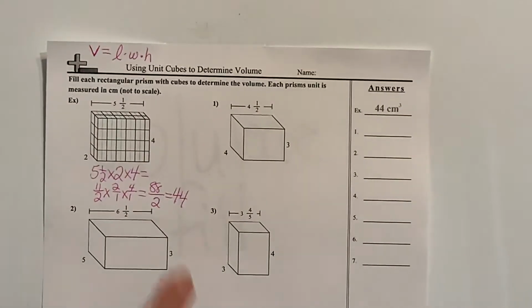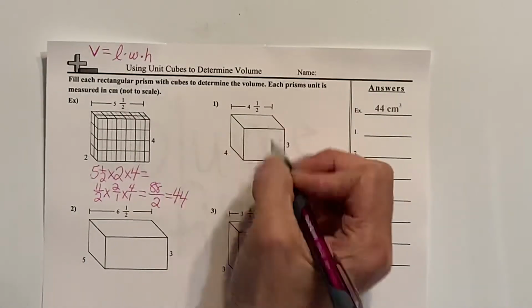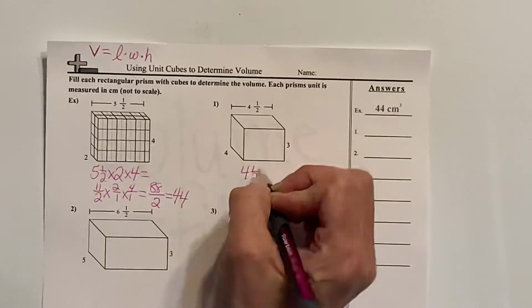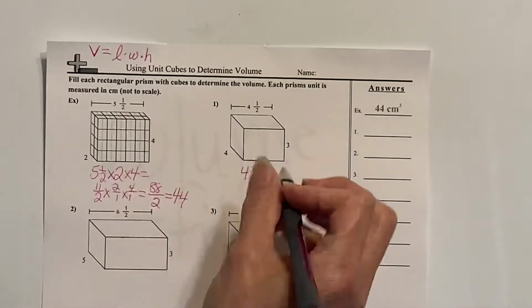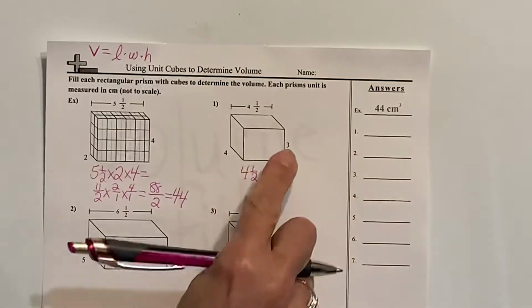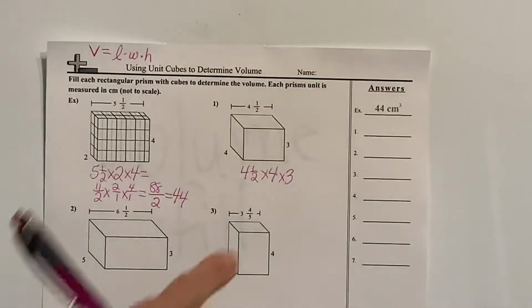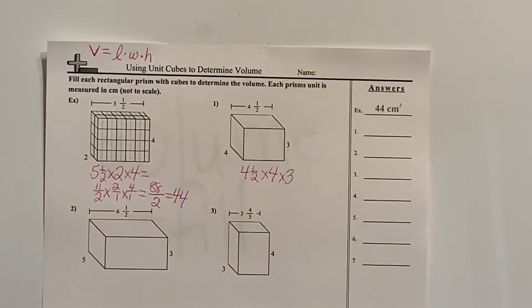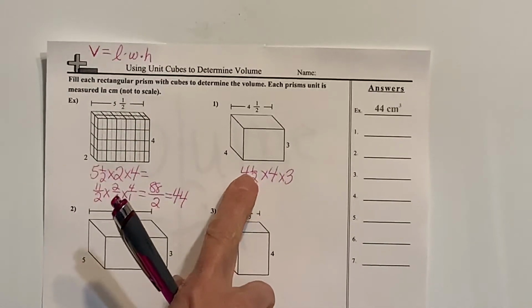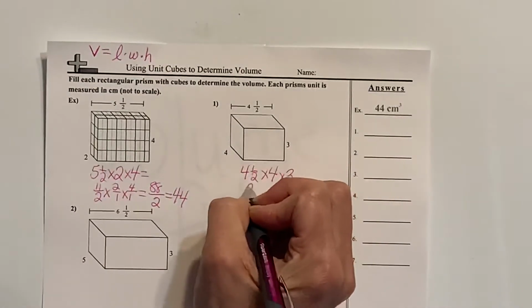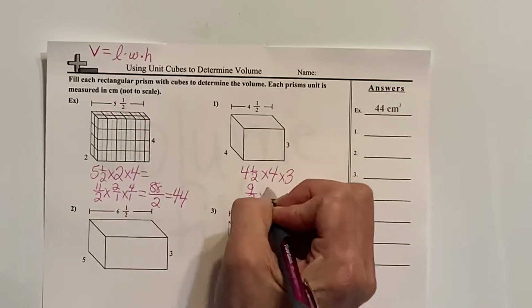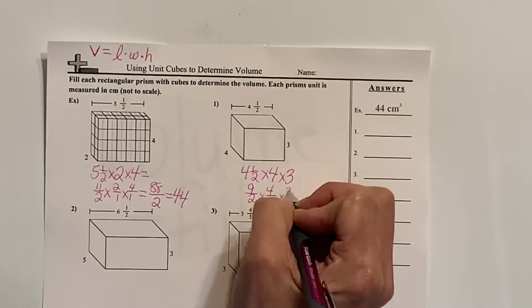All right, so for the official number 1, we have a length of 4.5. The width is 4. And the height is 3. So then I take this and I convert this into an improper fraction, which would be 2 times 4 is 8, plus 1 more is 9. 9 halves times 4 over 1 times 3 over 1.